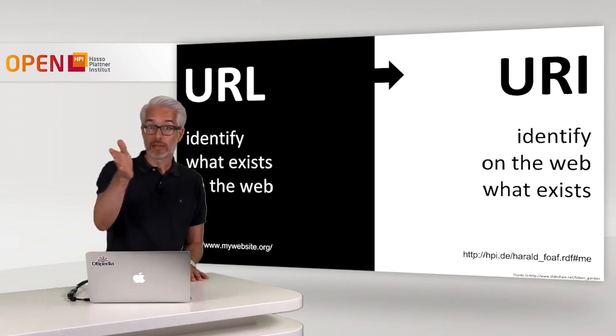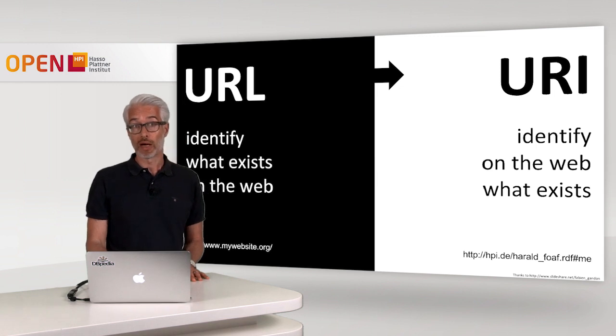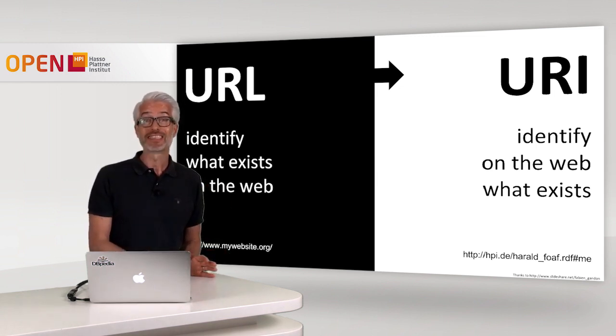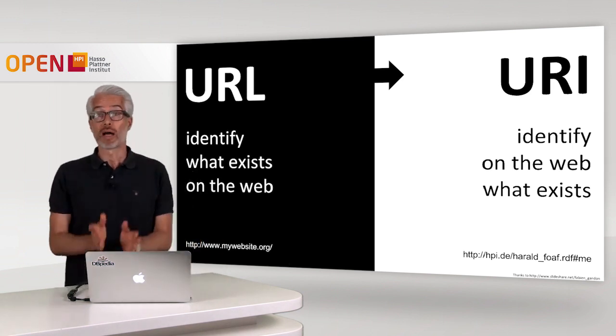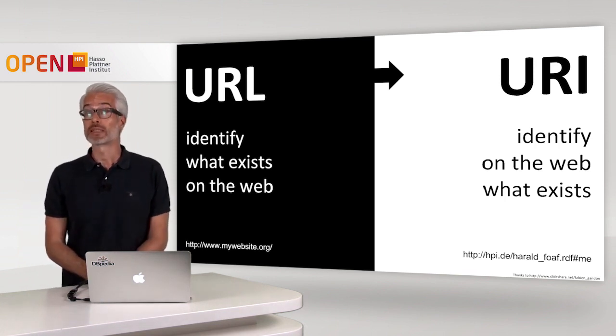Okay, so again for the distinctions: what is a URL, what is a URI? The URL usually identifies what exists on the web, so web pages and web resources are usually identified and referenced via a URL. A URI, on the other side, is used to identify on the web what exists, and also what exists in the real world.